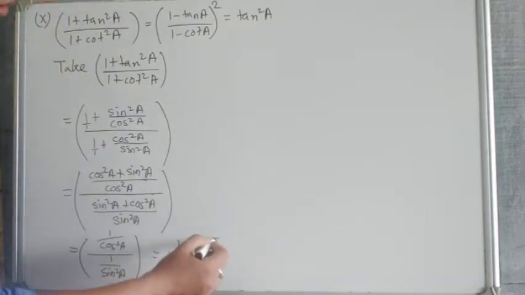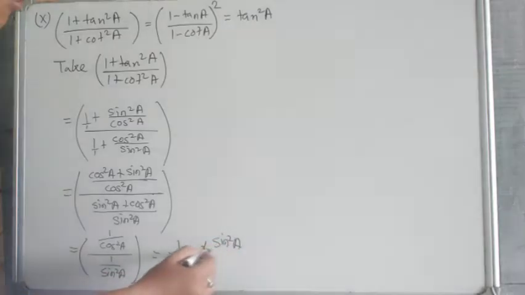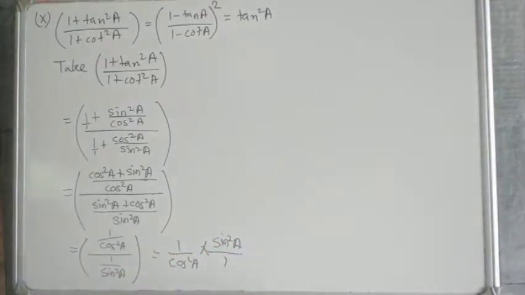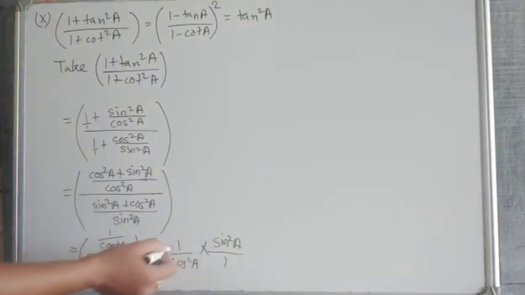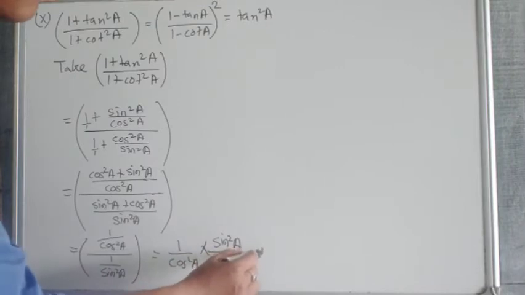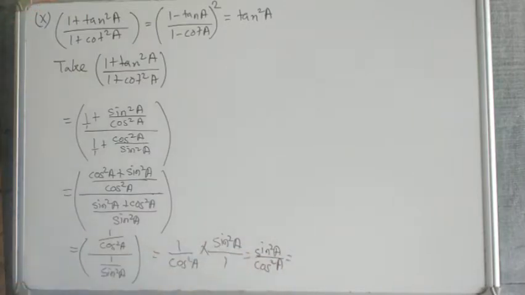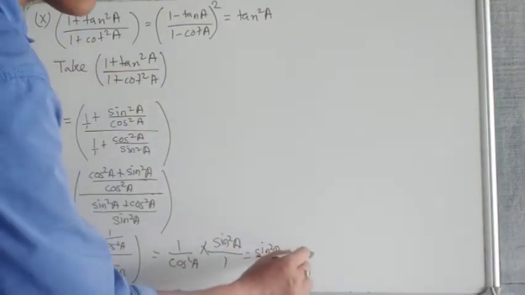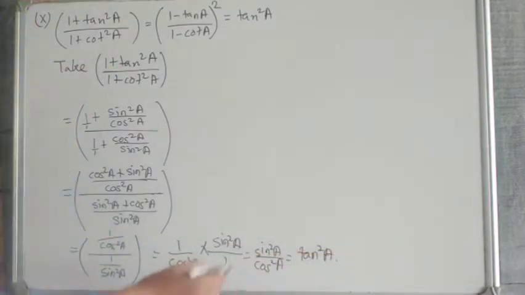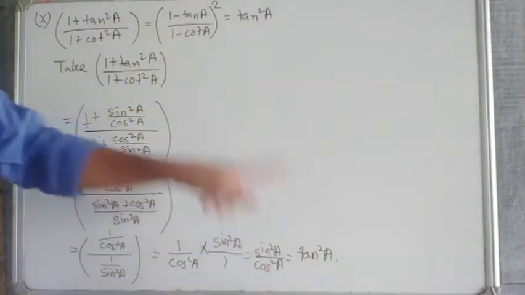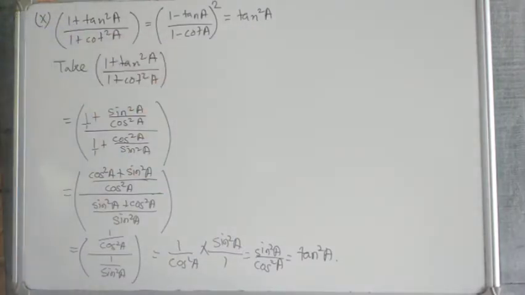So it will become sin square A by 1. Sin square A into 1 will become sin square A by cos square A into 1 will become cos square A. Sin square A by cos square A, just now we put, is tan square A. So we have proved that this part is equal to tan square A. Okay, now second part.